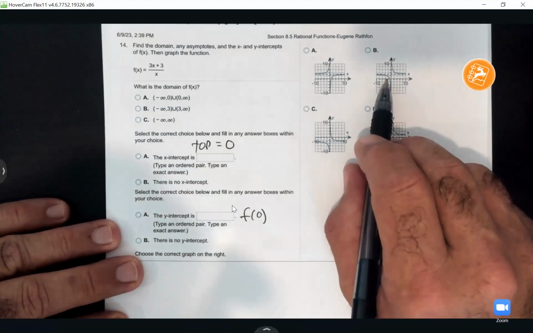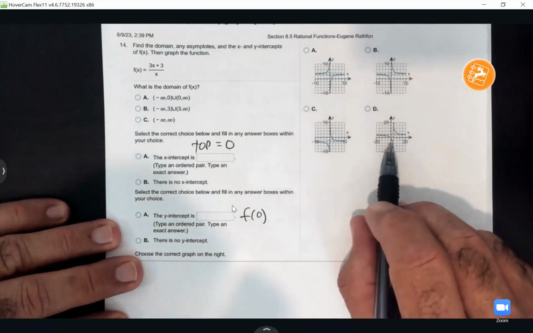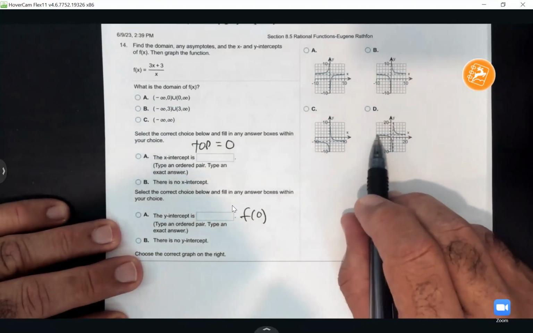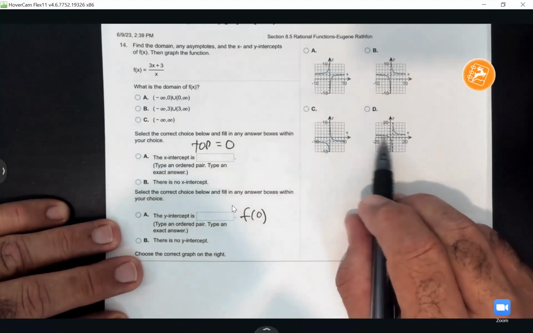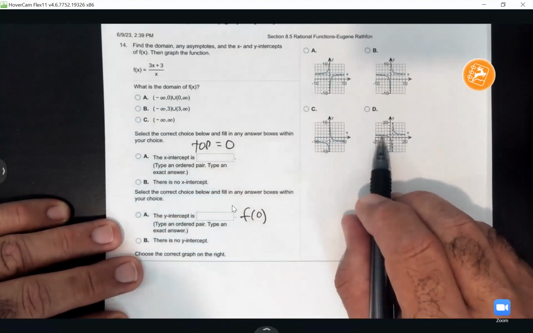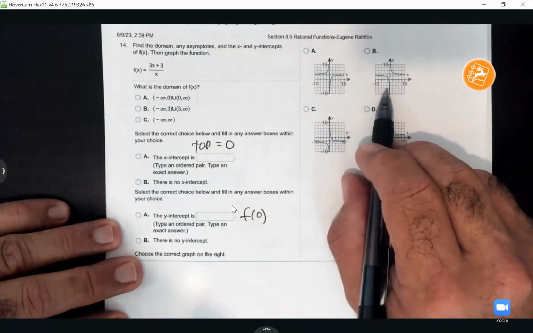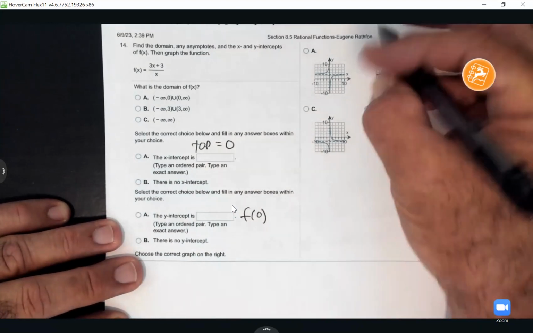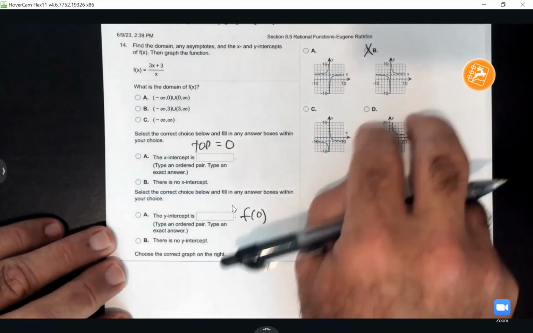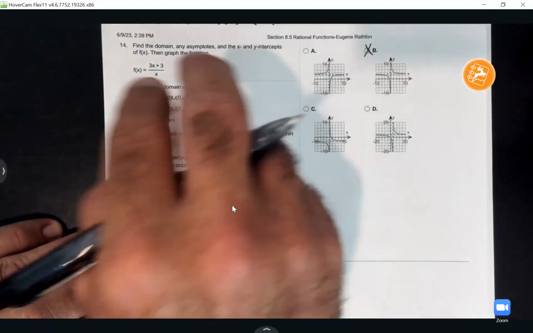The only one I could go with would be B. You see D is crossing over the y-axis, and we said it couldn't do that. It was undefined right there. So it has to be B on this. Just play with those, and you're going to find whichever graph matches your calculator, okay?